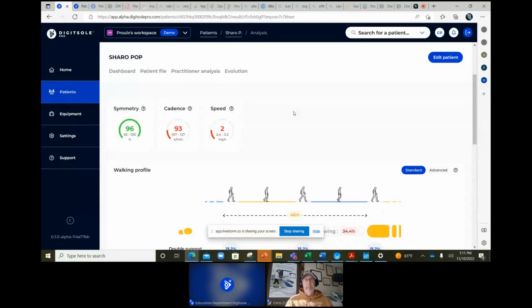So what I like to do is establish a baseline level at a speed that people who are pretty active should be able to accomplish normally. And then what I typically do, and why I chose this patient to show you, is I then have them go at another speed. At her age, the average speed she should be able to walk is three miles per hour, or 5.1 kilometers per hour.